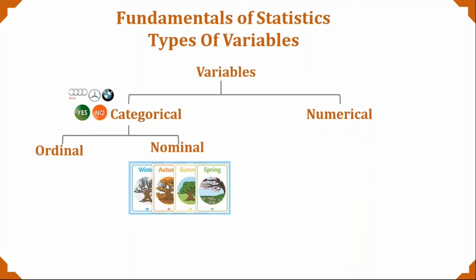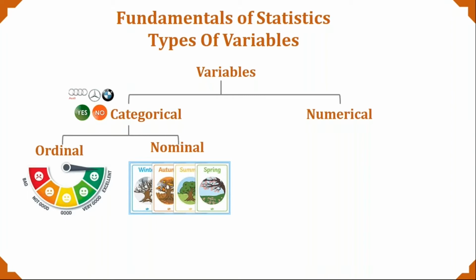So what is ordinal then? Ordinal is something where we have a specific order for these categories, or they are ranked. So if you go to a restaurant and you need to rate it, they have a specific order: one, two, three, four, five. So one means excellent, two means very good, three means good, four means not that good, and five means bad. We have an order for it, right?